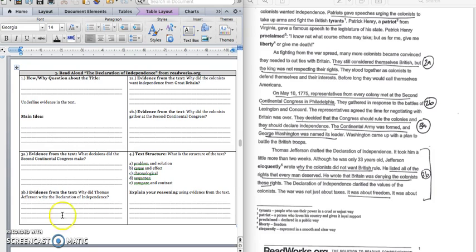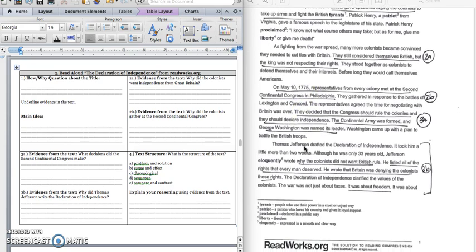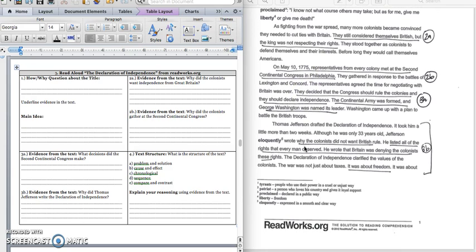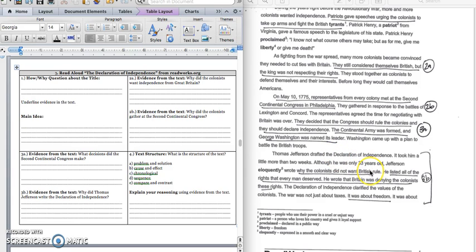It says, what is the structure of the text? And if I go back and look at my text, I see the words during the years right before the Revolutionary War. I see May 10th, 1775. And then it talks about Thomas Jefferson writing the Declaration of Independence, and I know that happened in July of 1776.